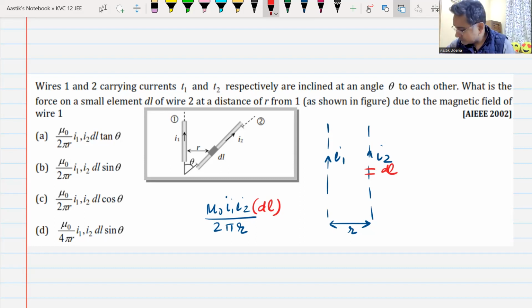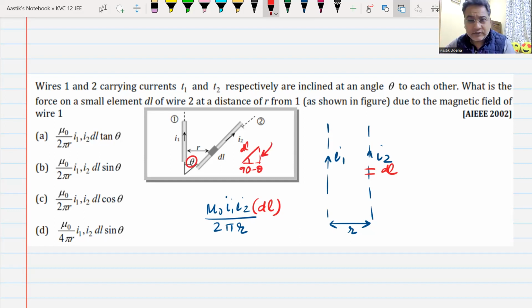So basically, I am going to do the same thing. The only thing is, the wire is not parallel. So this is the dl segment. I am going to take that element of that segment which is parallel to the wire. Right? So this angle is given as theta, so this angle becomes 90 minus theta. Do we understand this?